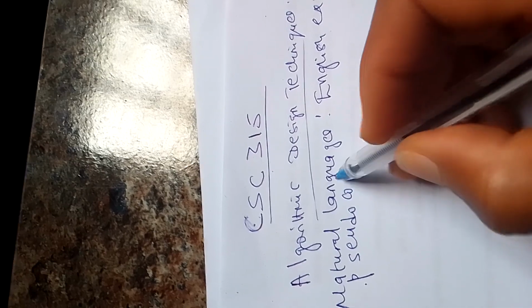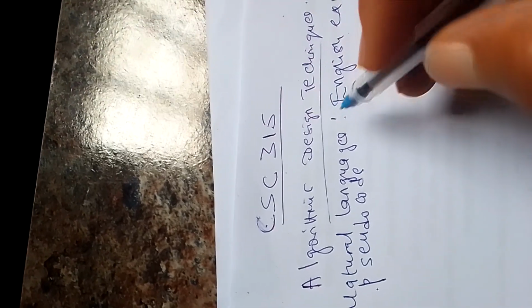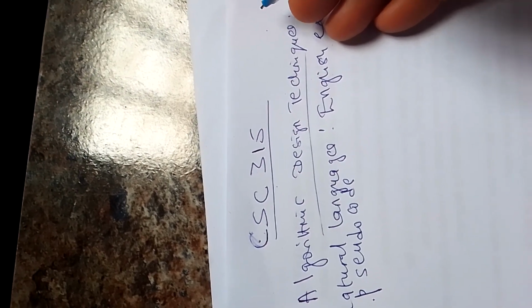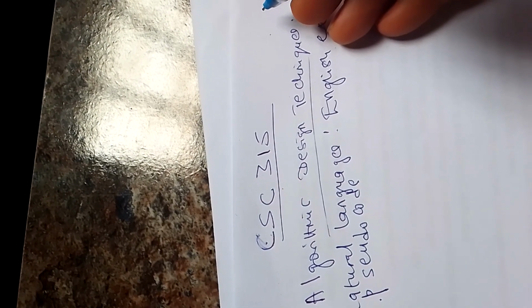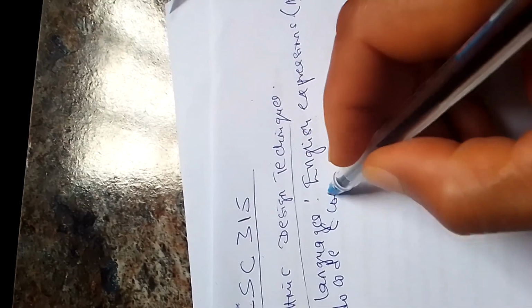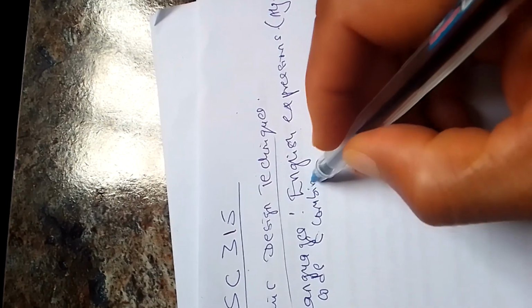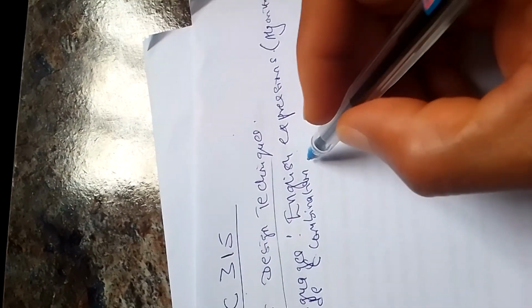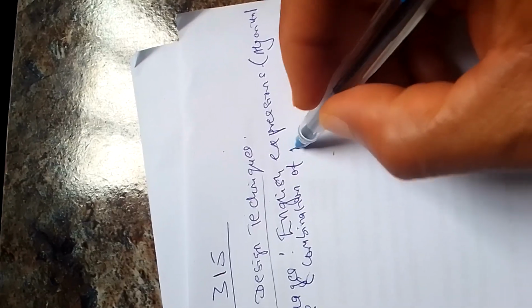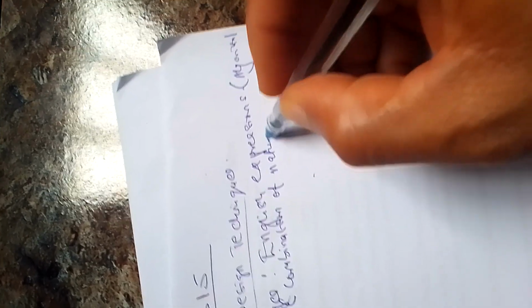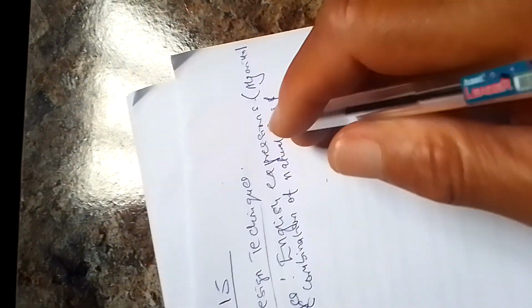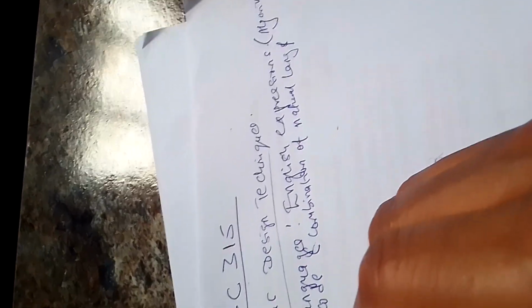Then the second one, you can use pseudocode to design an algorithm. That's another technique that I can use in designing an algorithm. Pseudocode is a combination of natural language, that is English language, and programming constructs.